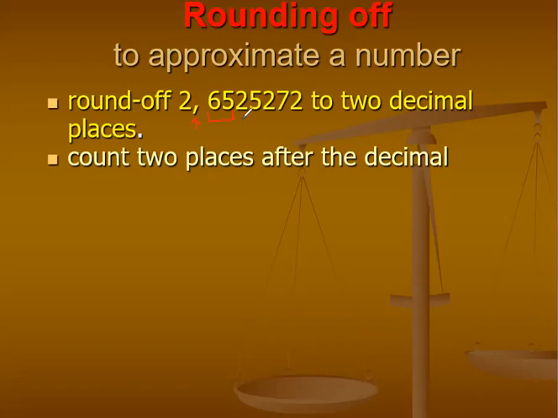Now we consider the third number to see whether we should keep 2.65 the same, or round it up to 66.